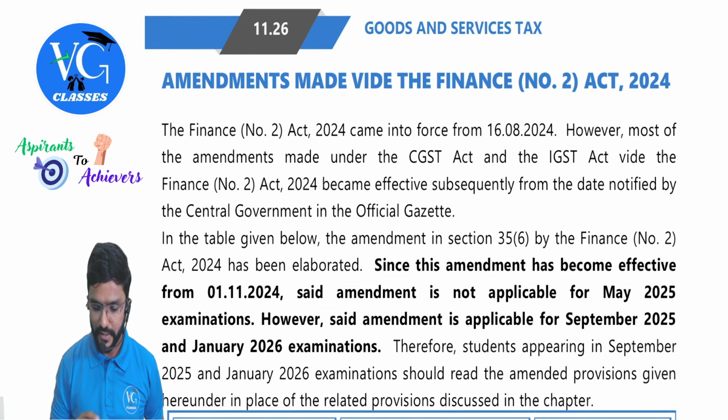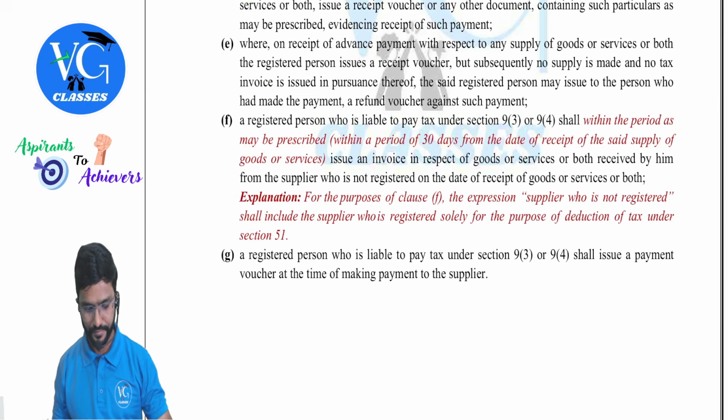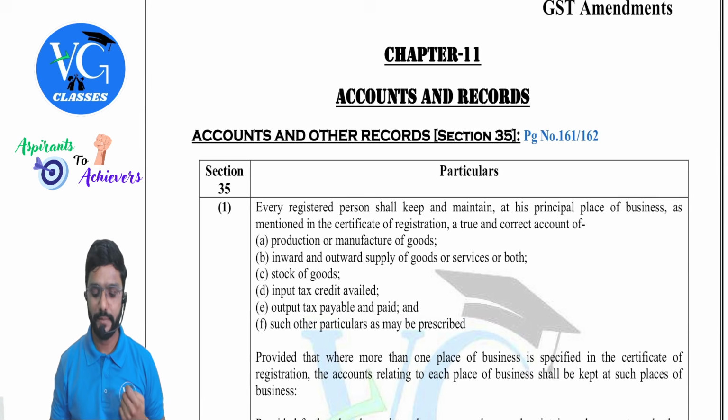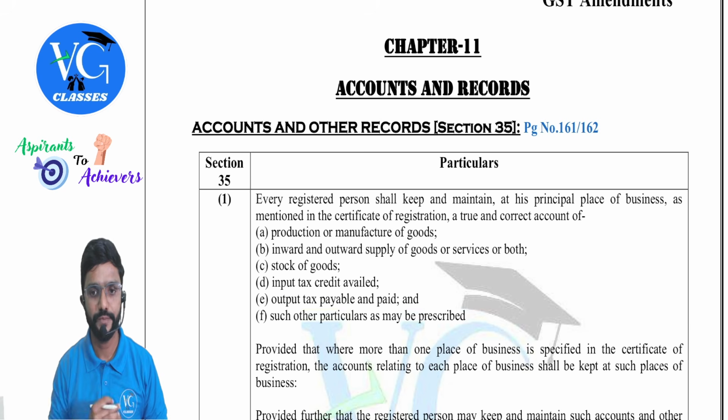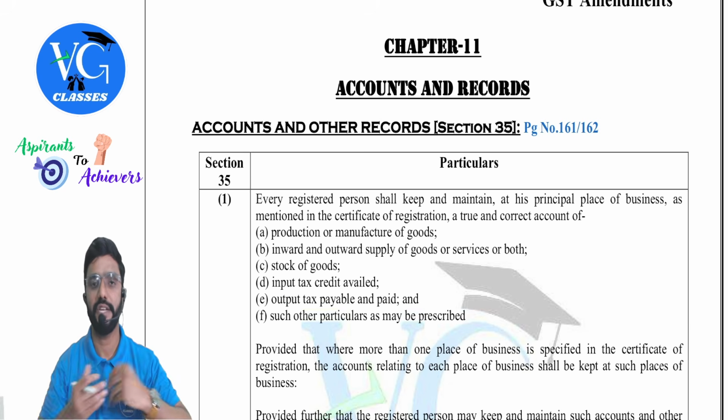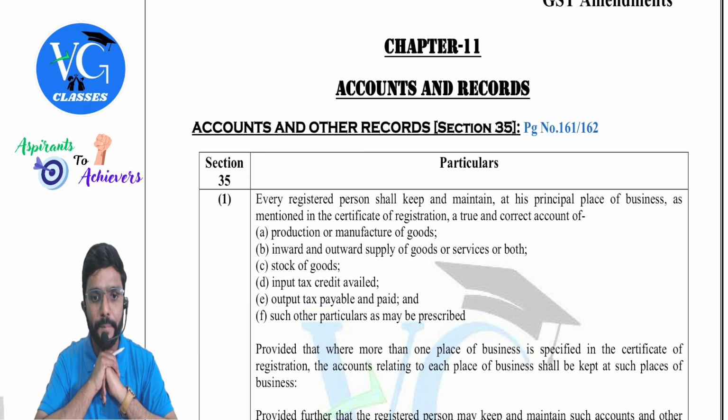Okay, sir. Next, 11th chapter. 11th chapter is with respect to accounts and records. So you can come to page number 161, 162, because there will be a continuation. Whenever I have mentioned two page numbers, that will be a continuation, guys. Yes.